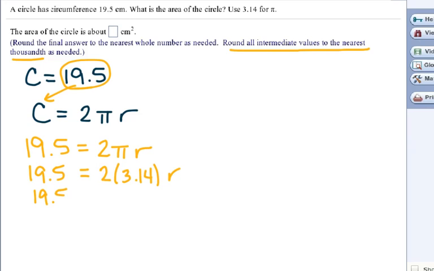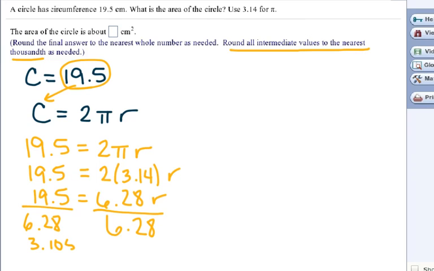So 19.5 equals 6.28 times the radius. And we're going to divide both sides by 6.28. So that is, if I round to the nearest thousandth, 3.105 equals the radius.